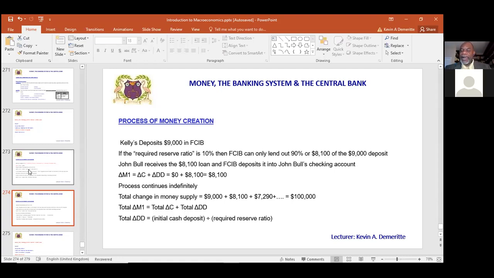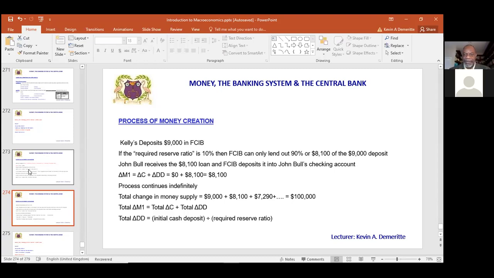In fact, out of the original 10,000, the change in the money supply is that 9,000 that came back, plus the 8,100 that came back, plus the 7,290 that came back, plus the next one.